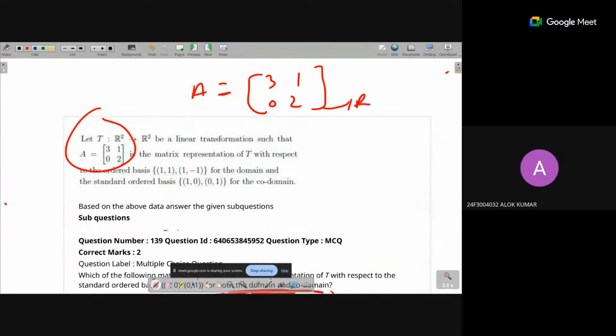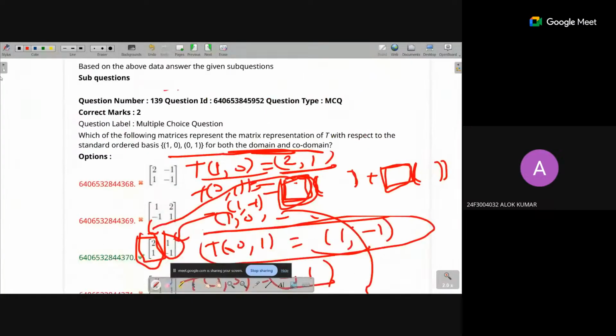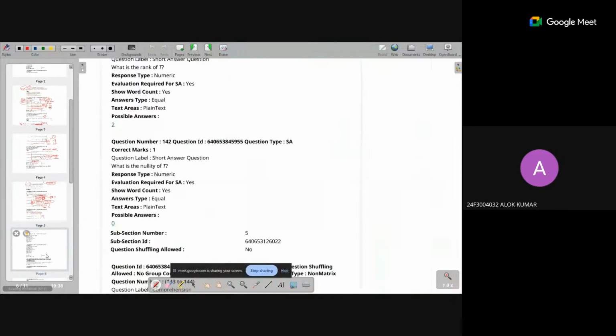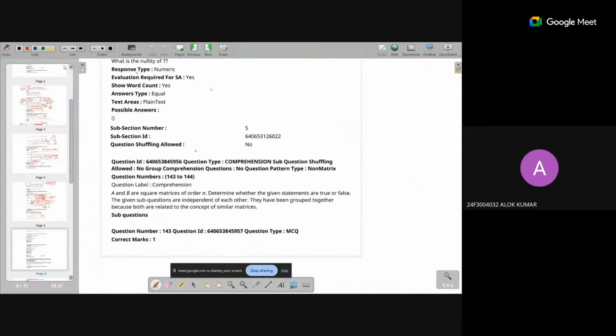Just calculate the rank, that will be the rank of T. Just calculate the nullity, that will be the nullity of T. So rank of T is 2. Nullity of T is 0, because of the rank-nullity relation. So you can expect this kind of question.